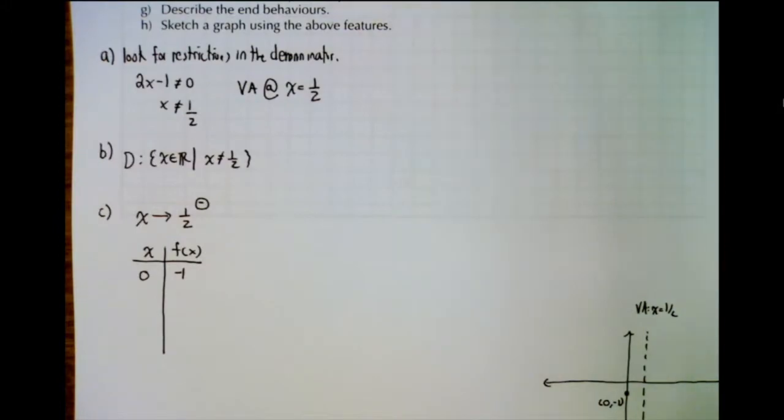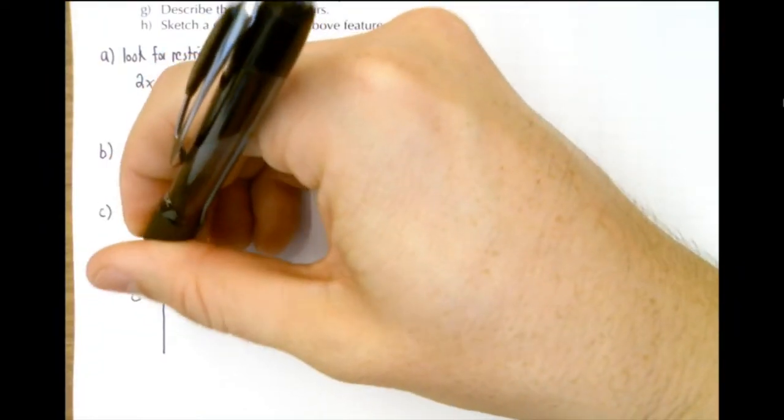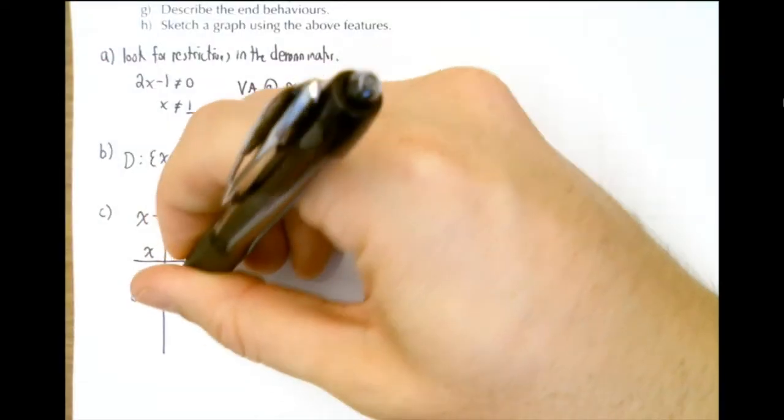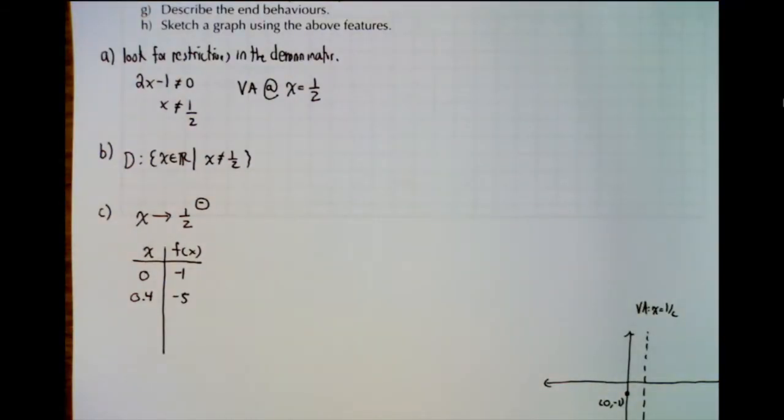Now we want to get closer to a half. So what's a value that's closer to a half? Well, 0.4. If we plug in 0.4, we get -5. So what this is telling us is that if this is -1, as we get closer, we're actually going down. So we're going to assume that we're going to approach this asymptote and keep going down, because once we start in one direction as we approach an asymptote, rarely do we change direction and go the other way.